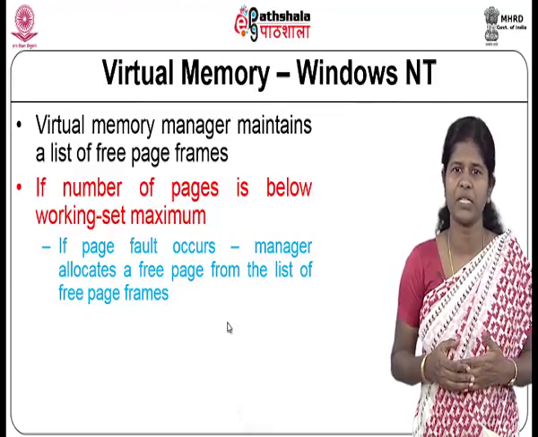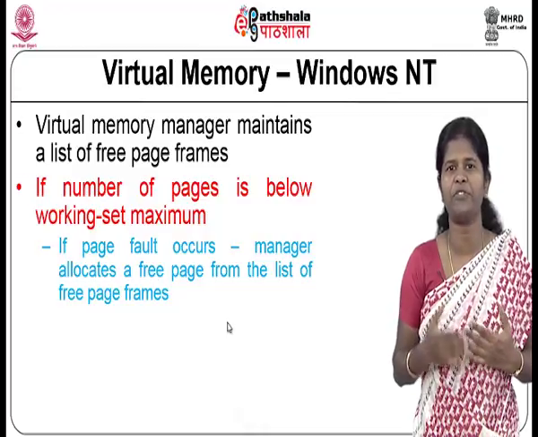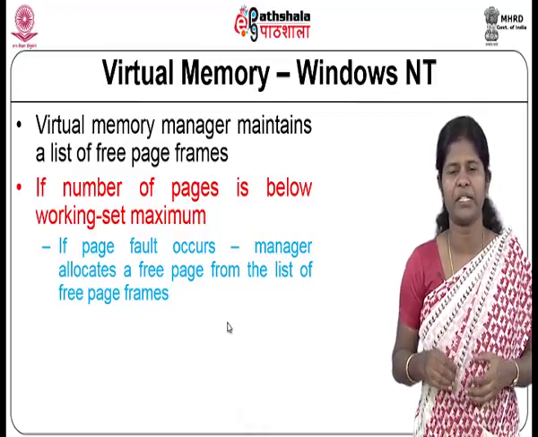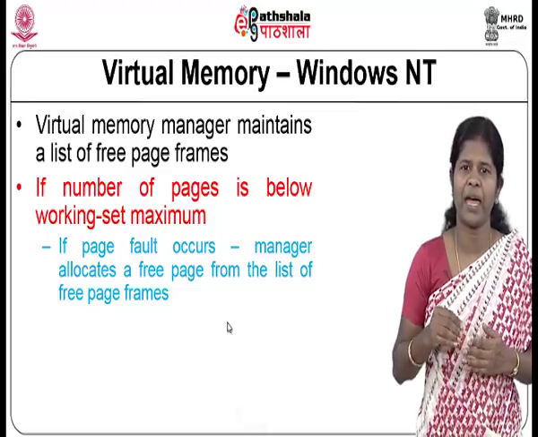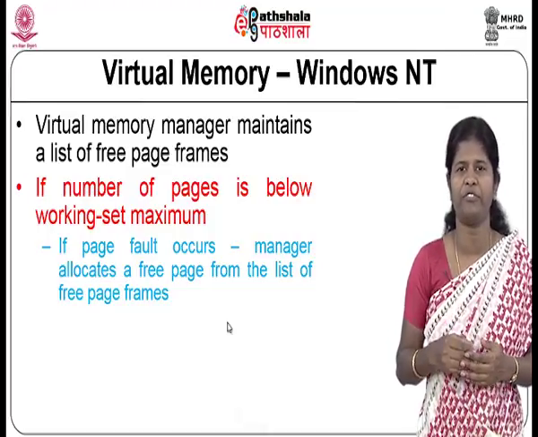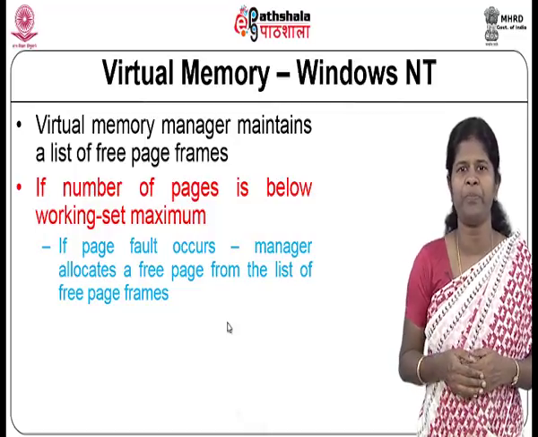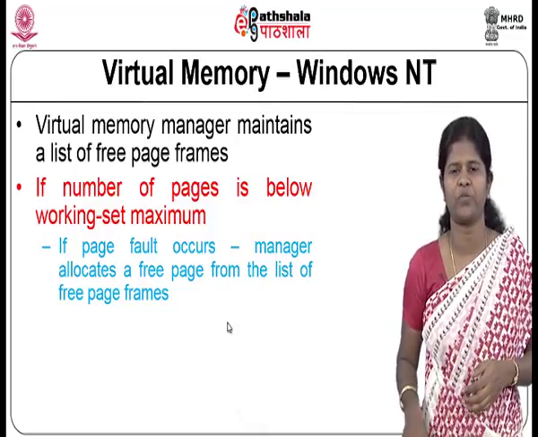Because this process can have a maximum of 20 physical frames but currently has fewer than 20, it can be assigned one more free frame when the page fault occurs.